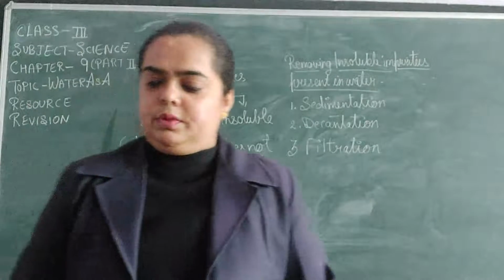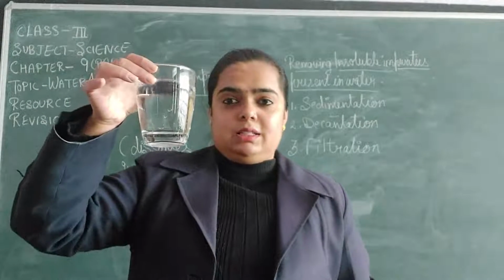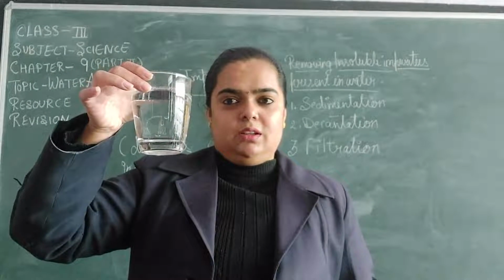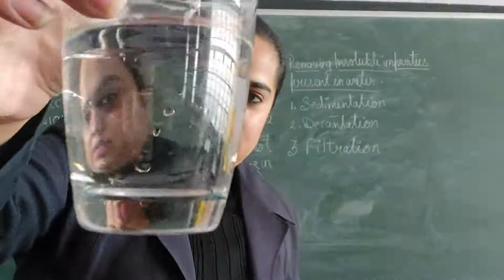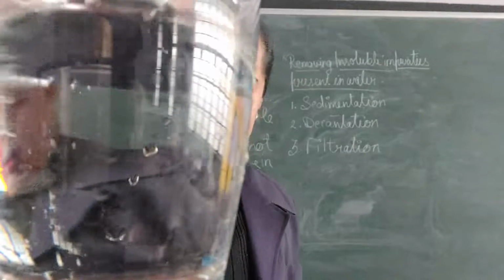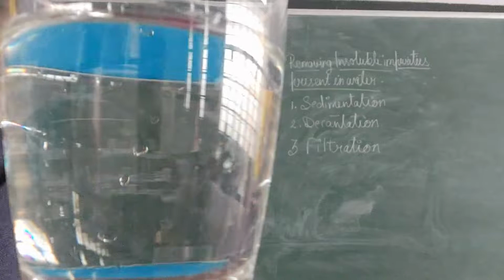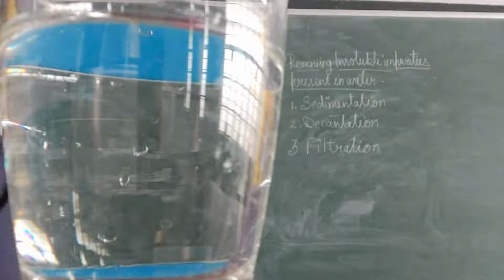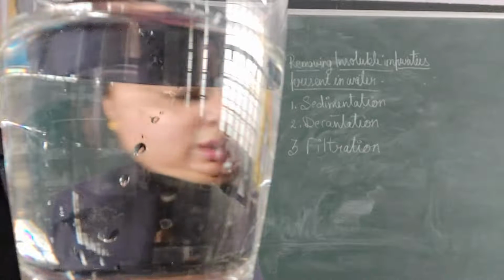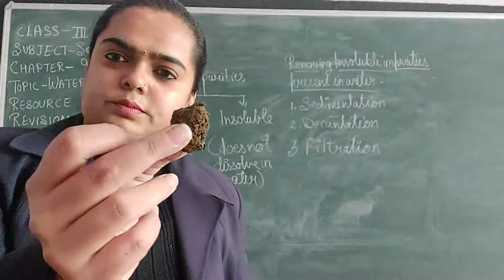Children, see, this is a glass of water. Okay, it is crystal clear, right? For now, this glass of water does not have any impurity in it. Now, see, this is sand.